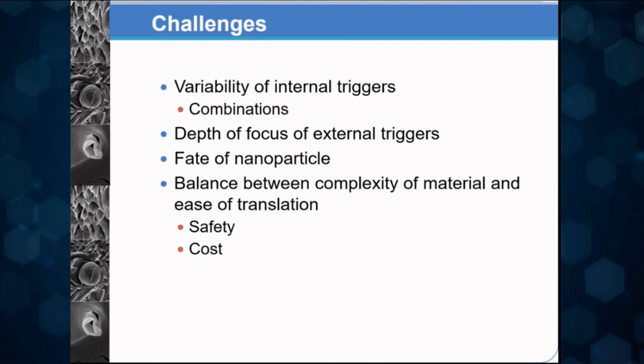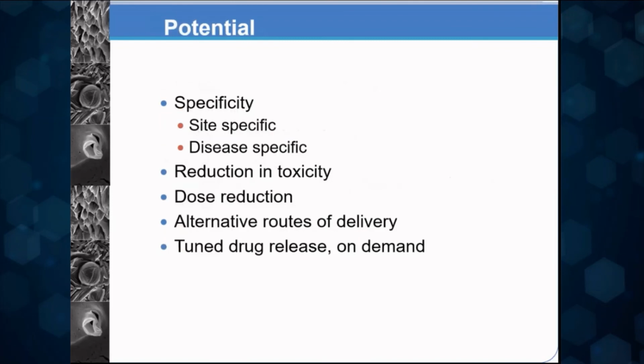And finally, as biomaterial scientists, we have the opportunity to create many kinds of materials, but we have to keep in mind safety, cost, and complexity. So material should be as complex as is needed, but not more. The complexity should not be only because we can do it, but because it is needed.